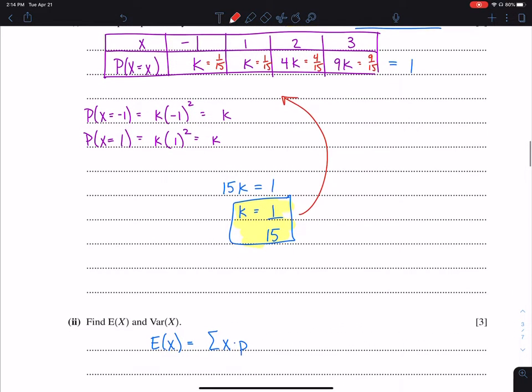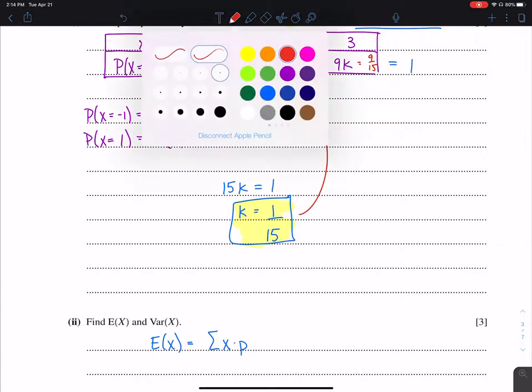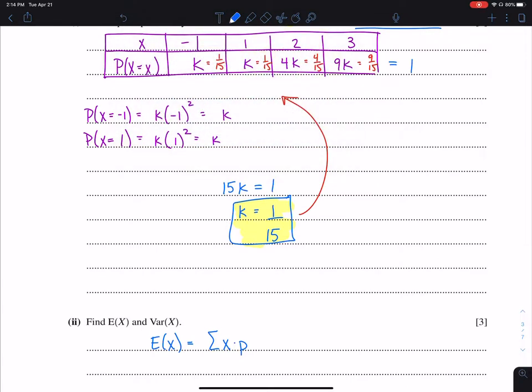So if I come back down here and I plug those in to my expected value formula, then my expected value of X is, starting with the first one, -1 times 1/15 plus +1 times 1/15 plus 2 times 4/15, and finally 3 times 9/15.